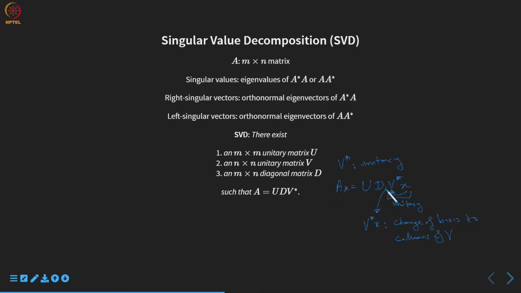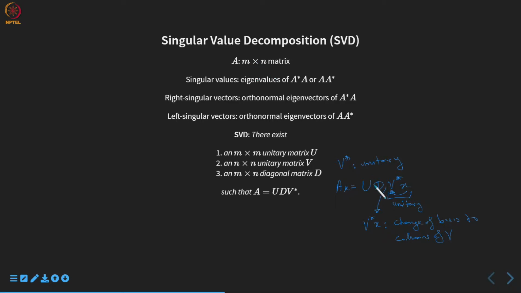Then you do D times V star X, and D is diagonal, right? So it's just going to be scaling of the coordinates at this point, and then you multiply by U. And what is multiplication by U again? It's again a change of basis, isn't it? So you've gone to a different basis here. Remember, this has gone from Fn to Fm, right?